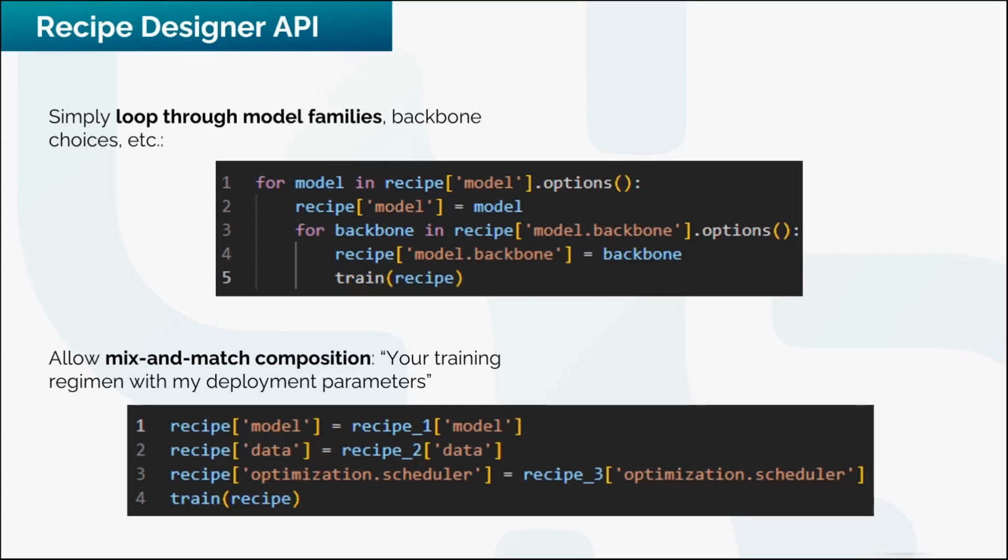Note that the constraint system will make sure that only choices that are compatible with the rest of the system are returned. So, if I'm looking here at object detection data, I'll get a bunch of object detection models and backbones. If I look at image segmentation data, I'll get a bunch of image segmentation models and so on. Importantly, the code remains the same, giving powerful programmatic capability to automatic system design and exploration.